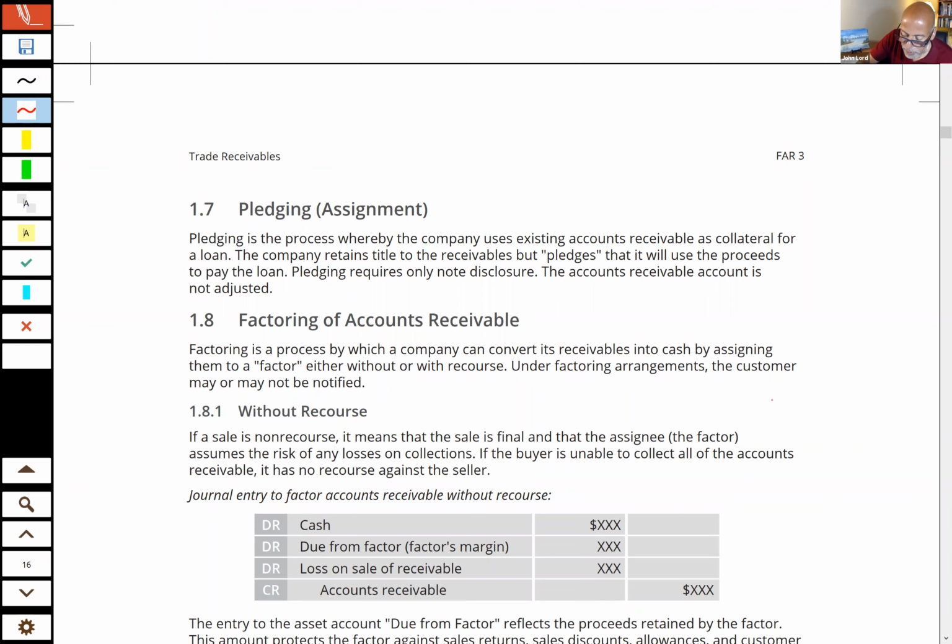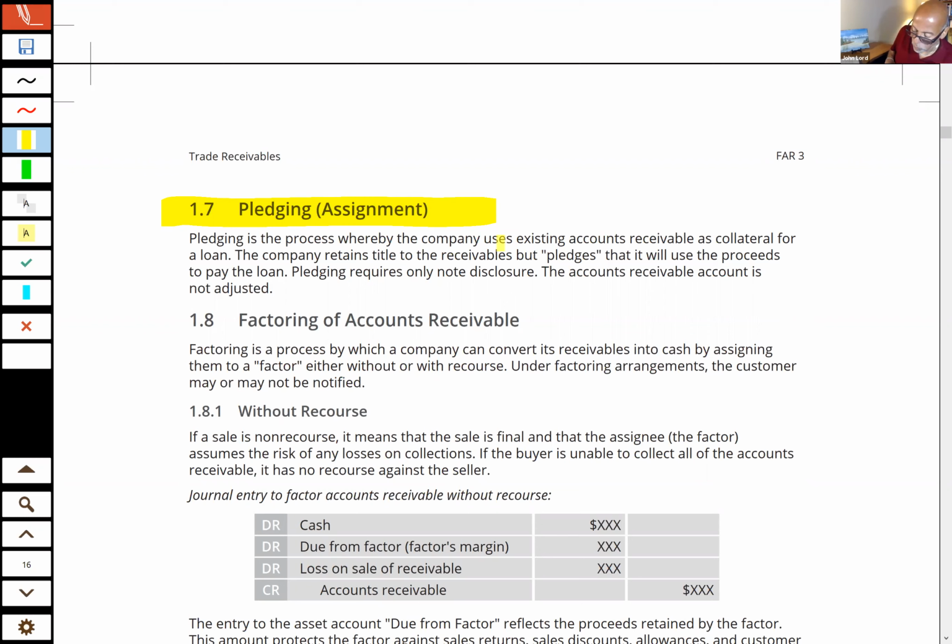Okay. All right. Now, let's talk about this idea of pledging accounts receivable. What happens here? Well, probably a company is getting a little tight on their cash. And so they sit there and say, you know what? We're going to go ahead and basically sell these receivables and get some money from them.